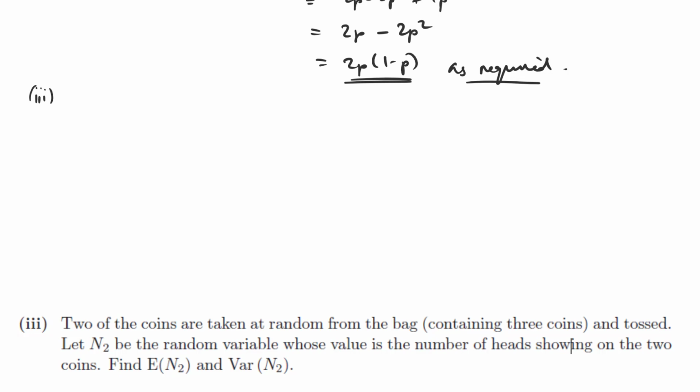It might be the first coin and the second coin, the second and the third, or the first and the third, and depending on which is used on the first coin, I'll get a different possibility left for the next one.